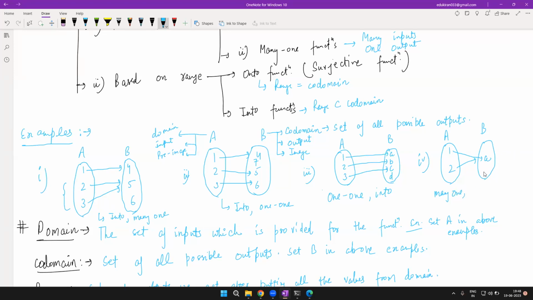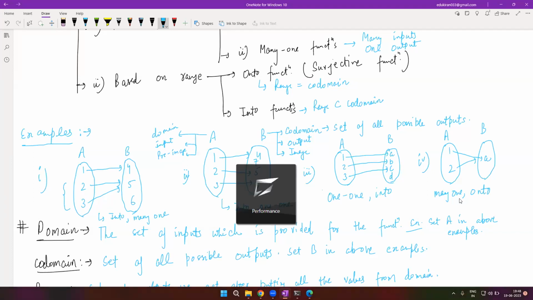Now, how many outputs were there? 1. All possible outputs? A. What output came? A. The codomain is this, the range is also this. Onto. Why will it not be only into? There was only one element in the codomain and that same element came in the output. So there is no element in the set of output which actually has no input. There is not a single element in the set of output which does not have any input. All the possible outputs are actual outputs also.